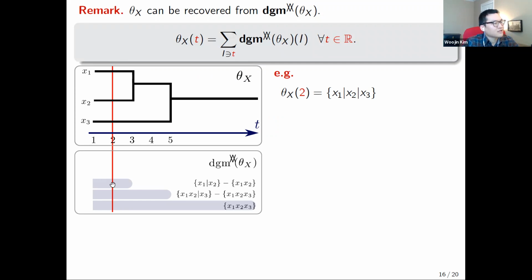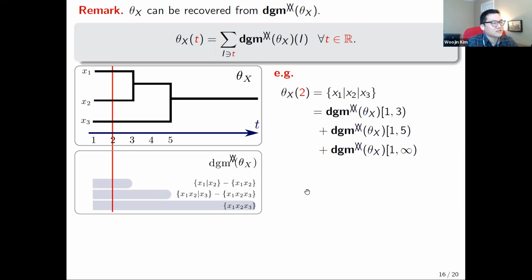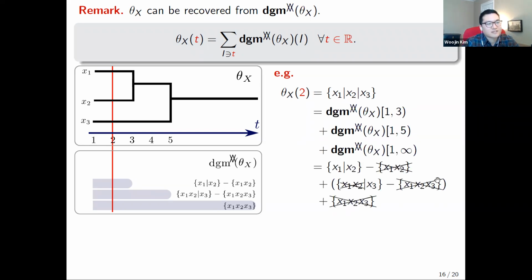We can observe that there are 3 intervals containing this time 2. We add up the annotations corresponding to these intervals. Then we can cancel out these 2 blocks, and these 2 blocks, and we end up with the sum of these 3 singleton blocks. That's the same as the formigram value at time 2.